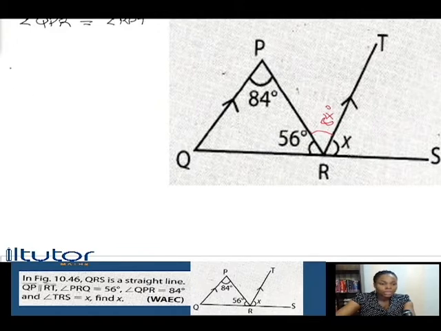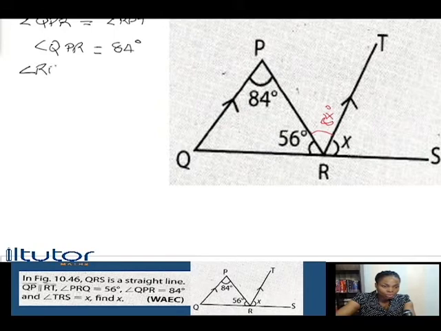Angle QPR is equal to 84 degrees. It was given to us. So since angle QPR is equal to angle RPT, angle RPT is equal to 84 degrees as well.